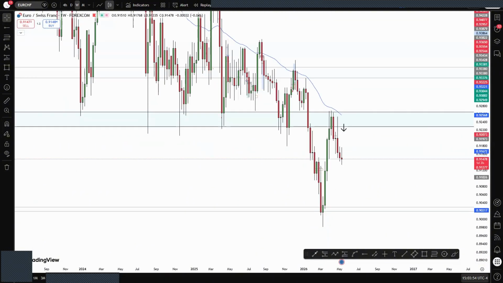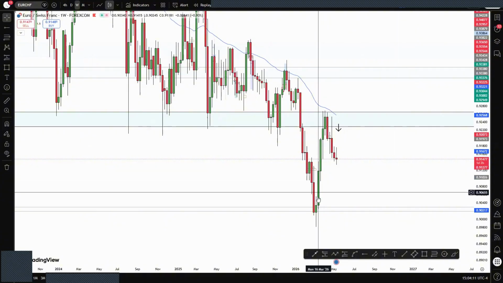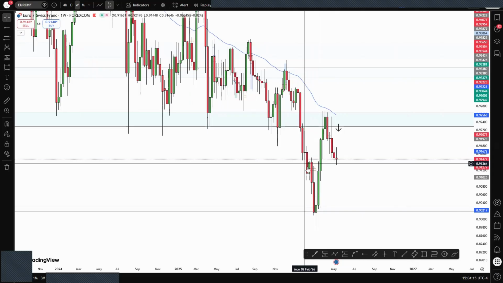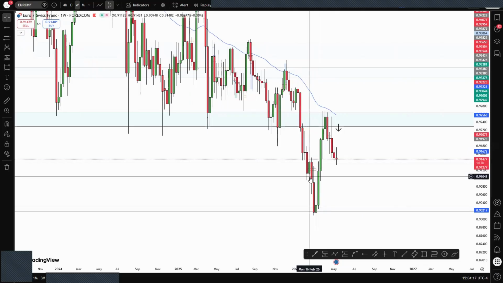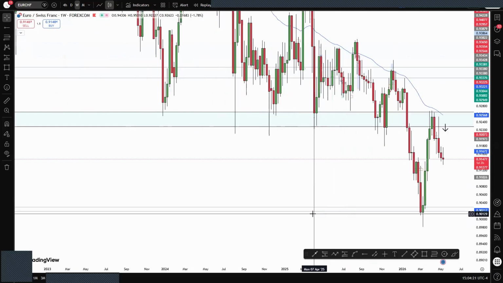If we can see here, our weekly is very much bearish, and you can see price kept on printing lower lows, lower lows, until it reached this zone.